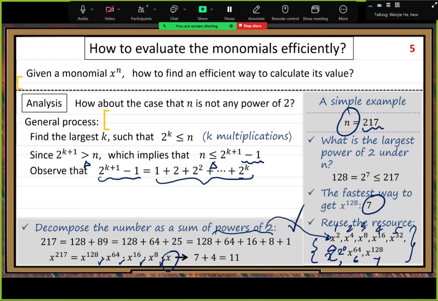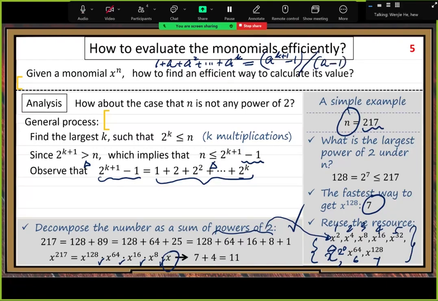Let me review a little bit. To calculate the geometric series 1 plus a plus a squared plus up to a to the k, it equals a to the k plus 1 minus 1, over a minus 1.